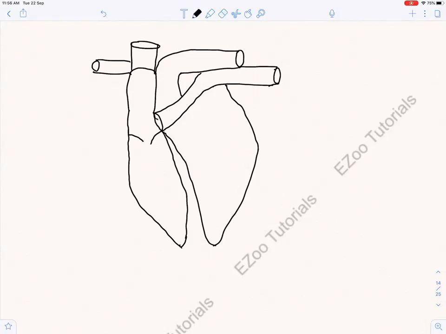Draw this valve, and here also you have to draw this valve. And then you have to draw this valve.